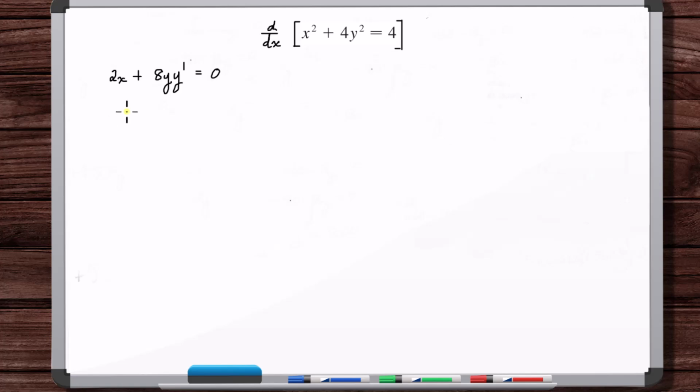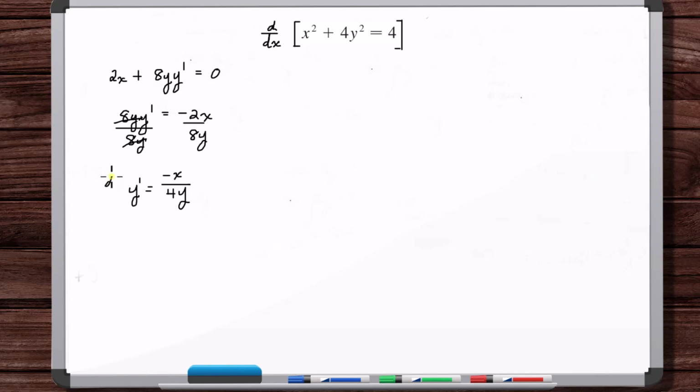So we've got, subtracting 2x from both sides. Now, divide both sides by 8y. And we're left with y prime is minus x over 4y.